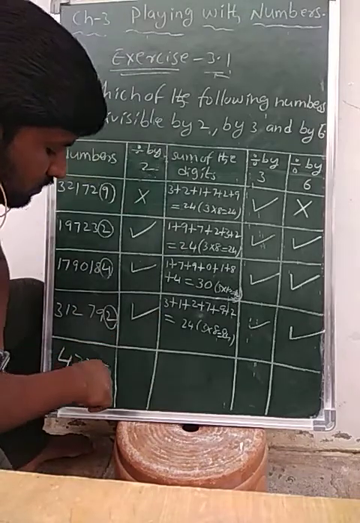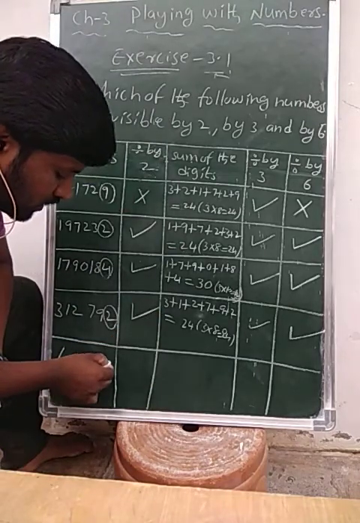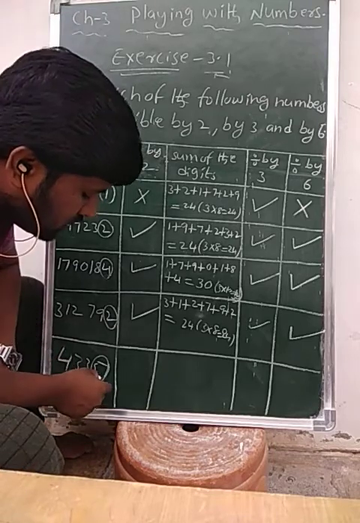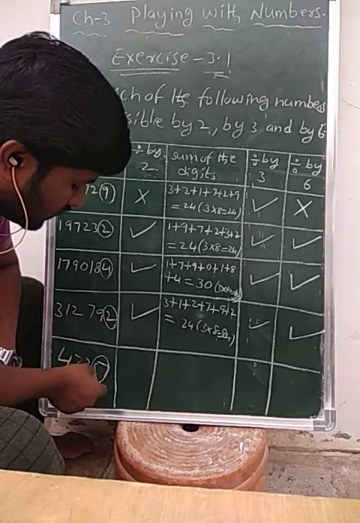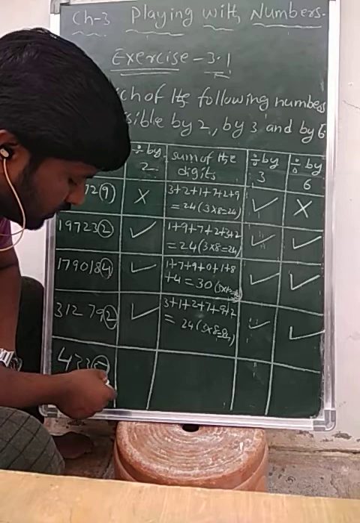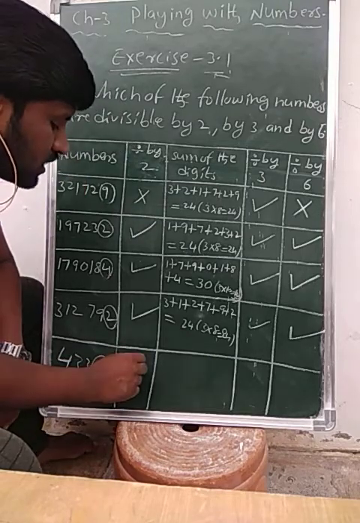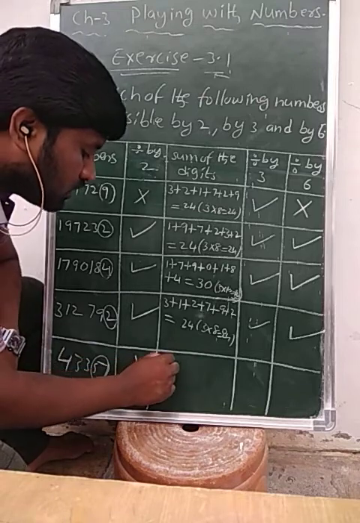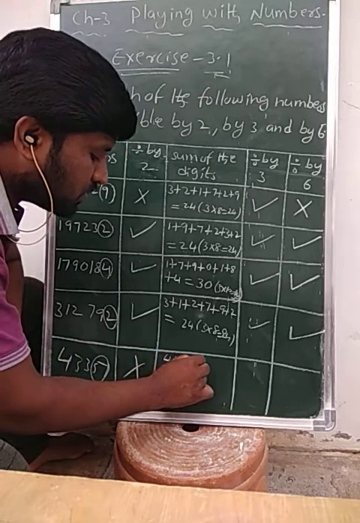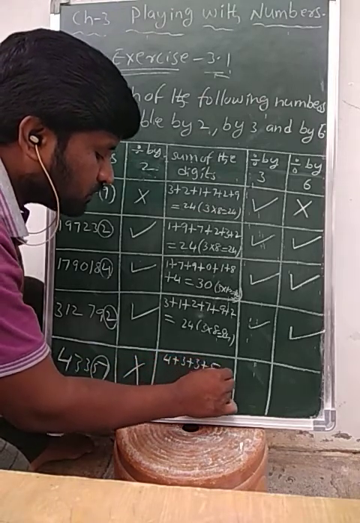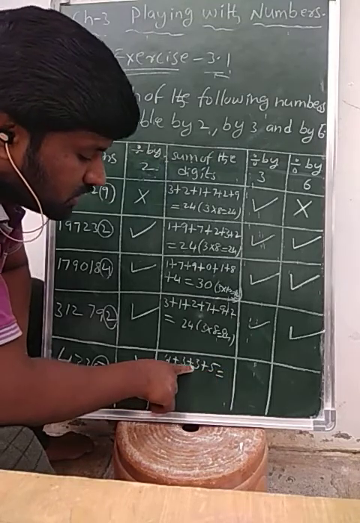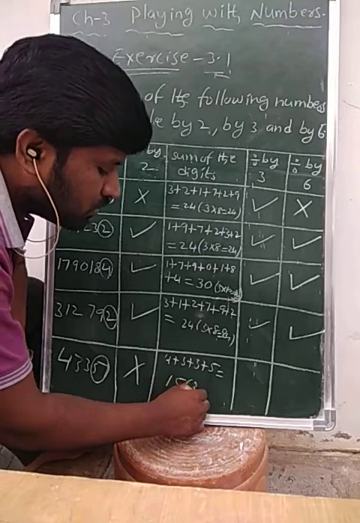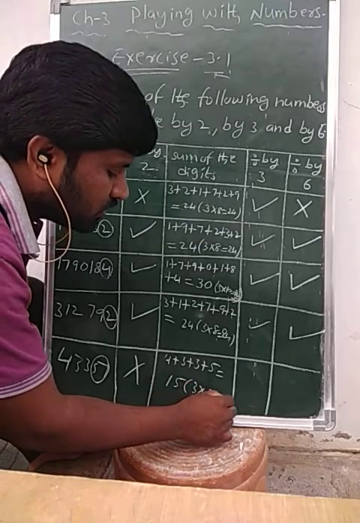Now coming to the next number, 4335. The unit place digit of the given number is 5, which is not divisible by 2. And the sum of the digits is 4 plus 3 plus 3 plus 5: 4 plus 3 is 7, 7 plus 3 is 10, 10 plus 5 is 15. 15 is divisible by 3, 3 5s are 15.